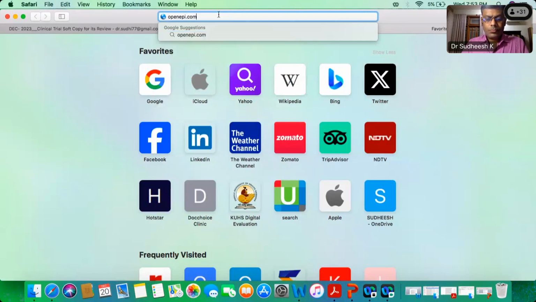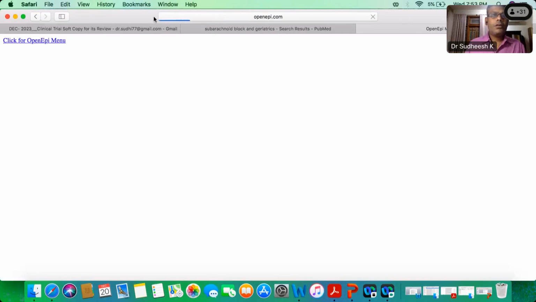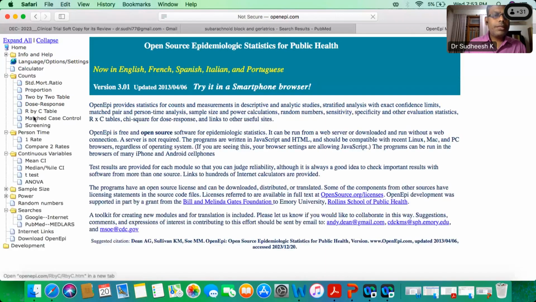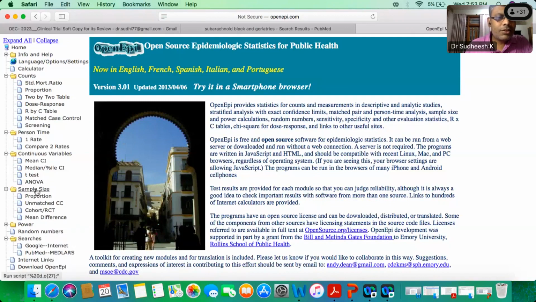You just need to open this. I hope the screen is visible. I go to sample size here and click on that. Now we are using the mean values for calculation of sample size, so I click on the mean difference part.